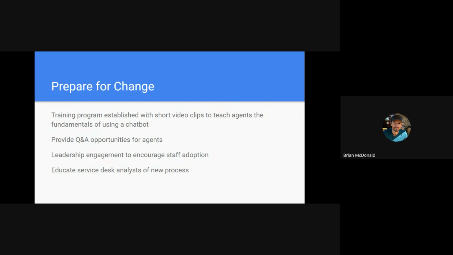We would also have question and answer opportunities for those agents where we would host like lunch and learns and things like that to help out. Obviously, we want to make sure that leadership is engaged and encouraging adoption. And we would also take the time to educate the service desk analysts to make sure they understand the new process and how they can help.